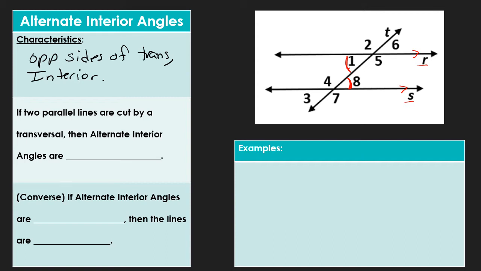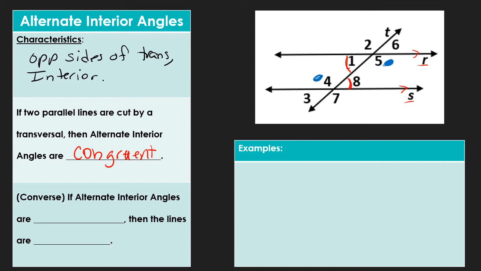If you look, angle 1 and angle 8 are both acute angles, and the alternate interior angles property says if R is parallel to S, then alternate interior angles are congruent. If we look at our other pair of alternate interior angles, we have angle 5 and angle 4. That means angle 5 would be congruent to angle 4.